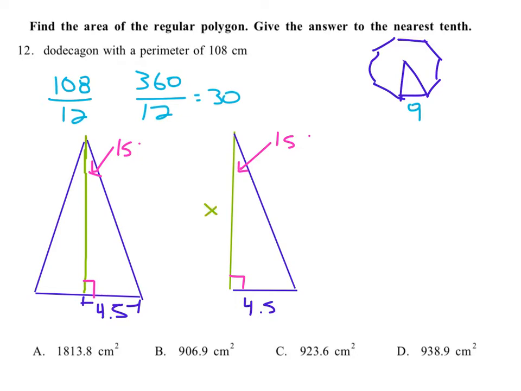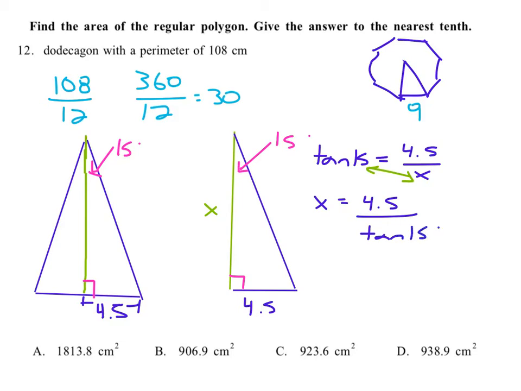So we say tangent of 15 equals the opposite side, 4.5, over the adjacent side, x. Our rule allows us to switch what's on the bottom with what's over there. So we get x is equal to 4.5 divided by the tangent of 15 degrees. That's what the apothem is.